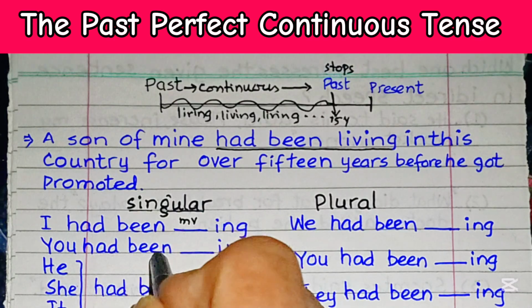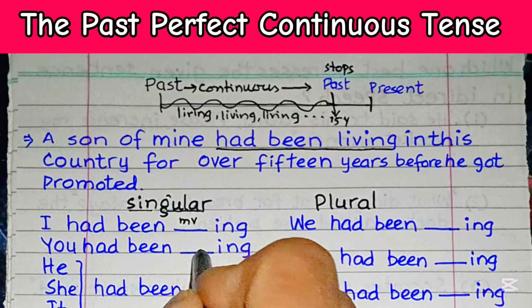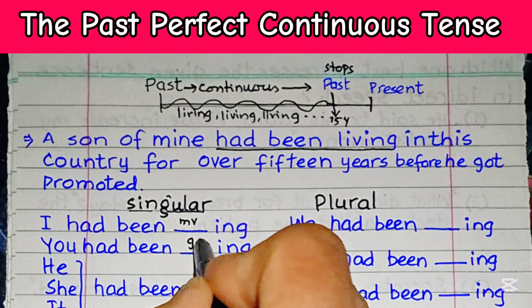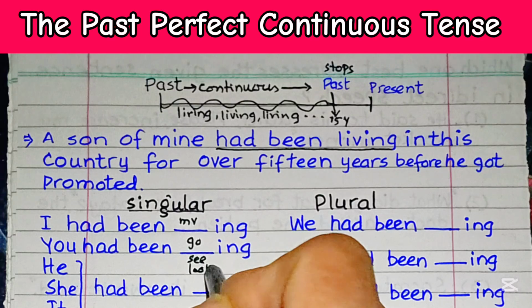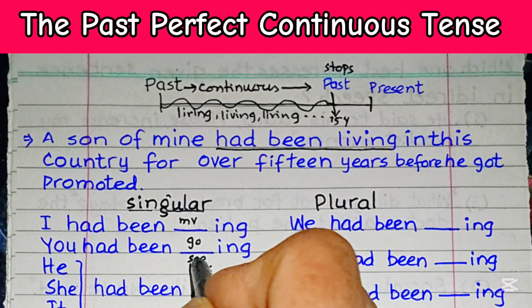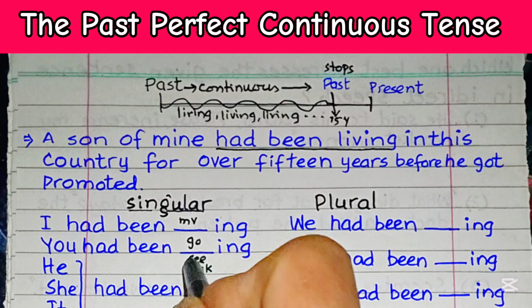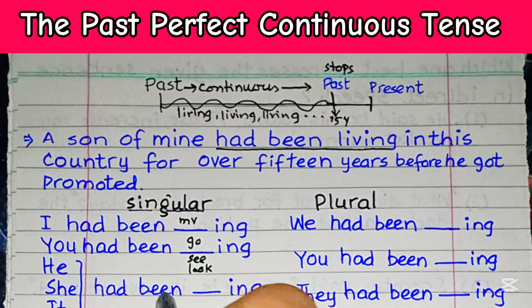So you had been, and then living or going or seeing or looking, whatever you write. So this is the main verb in simple form. You had been going, he had been going, she had been going, it had been going.